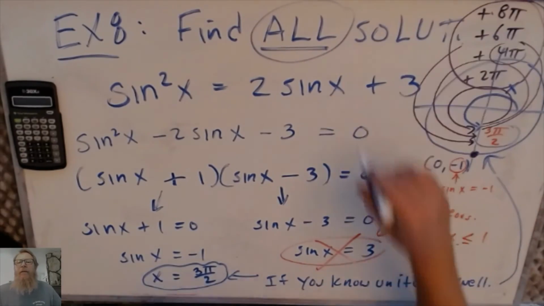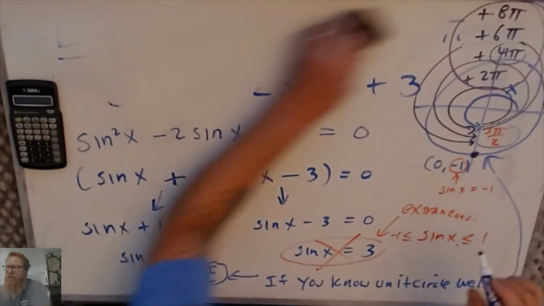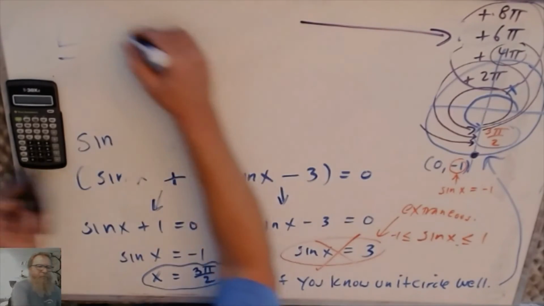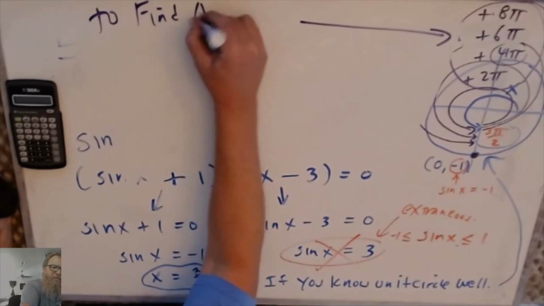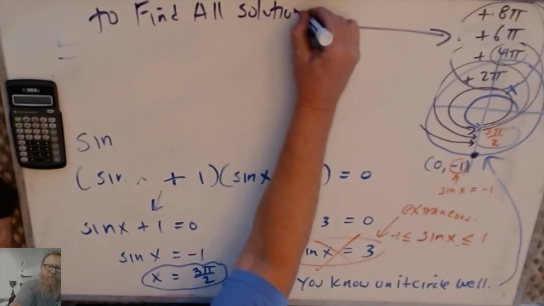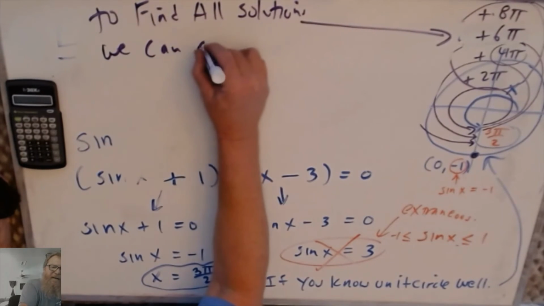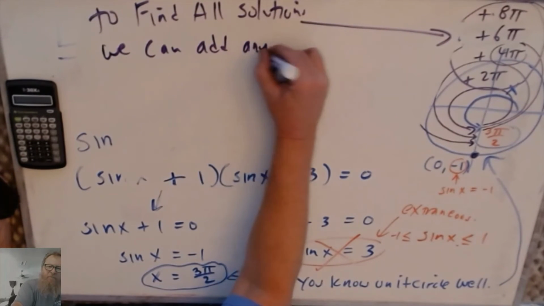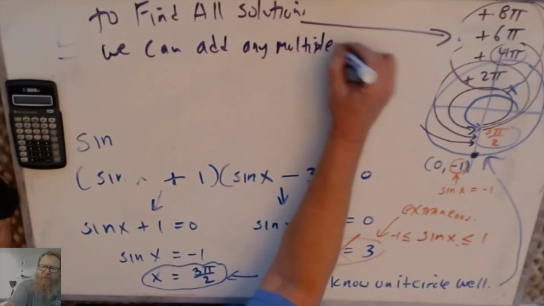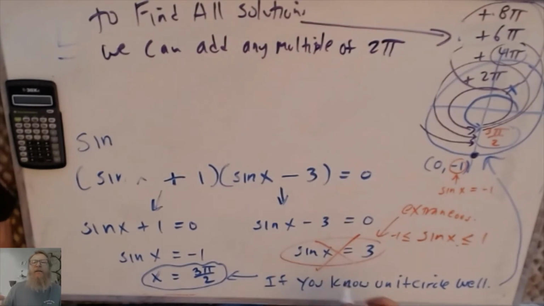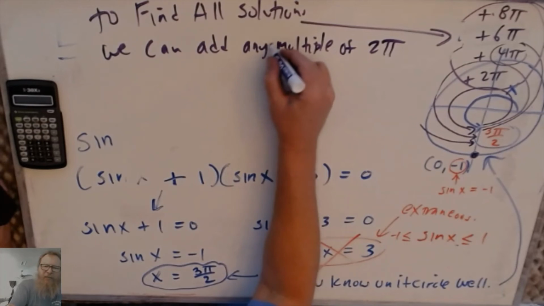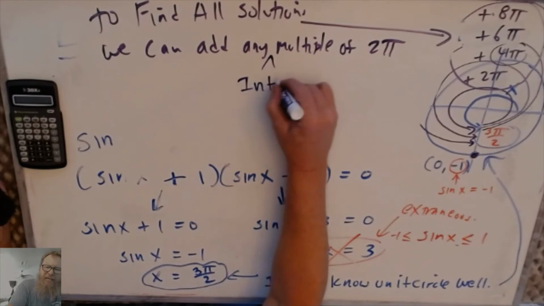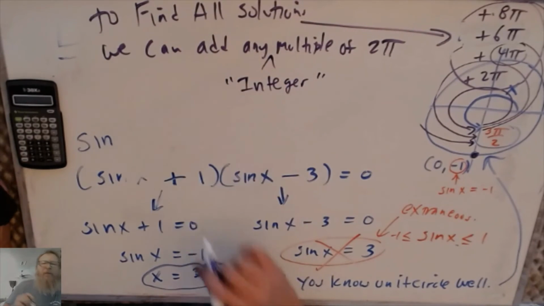So to find all solutions, we can add any multiple of 2 pi. And I should be very clear, I mean an integer multiple.